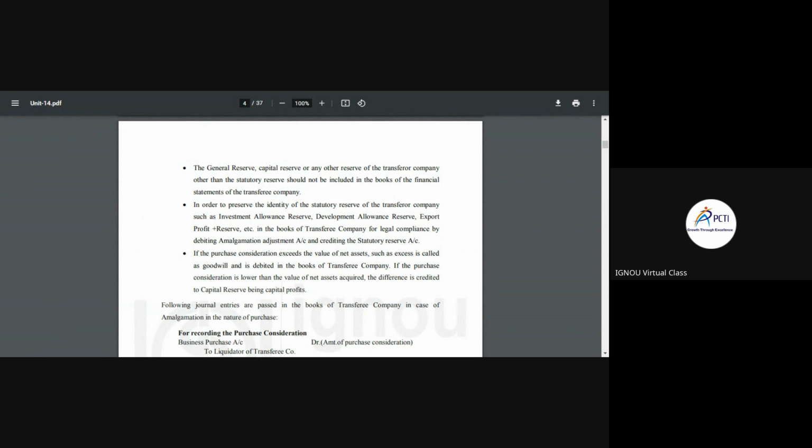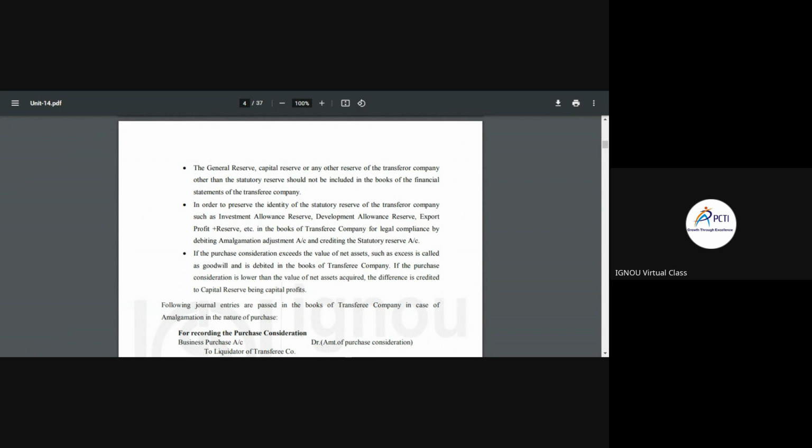In order to preserve the identity of the statutory reserve of the transferee company, such as investment allowance reserve, development allowance reserve, export profit reserve, etc., in the books of the transferee company for legal compliance, we debit the amalgamation adjustment account and credit the statutory reserve account.